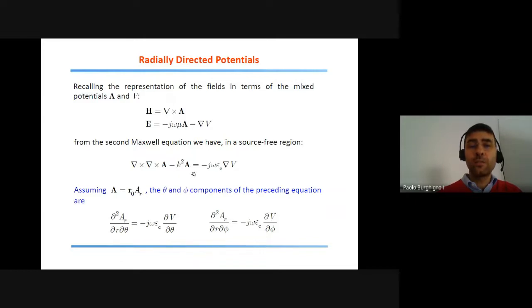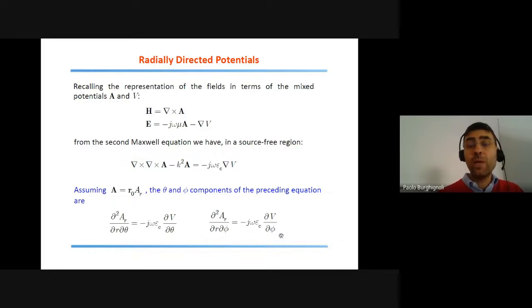If you project the equation onto the theta and phi directions, in order to get the theta and phi components of the previous equation, what you get is what you can find here at the bottom. The double derivatives of the component A sub r with respect to r and theta, or with respect to r and phi, are proportional to the derivatives of the scalar potential V, respectively made with respect to theta and with respect to phi.